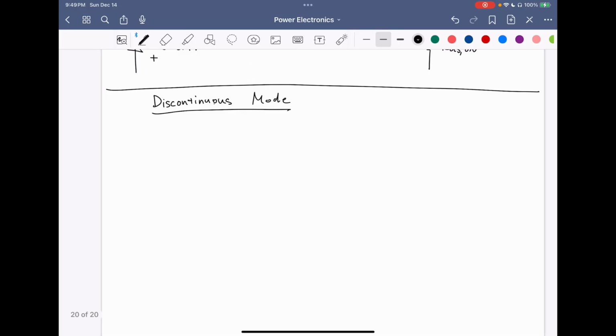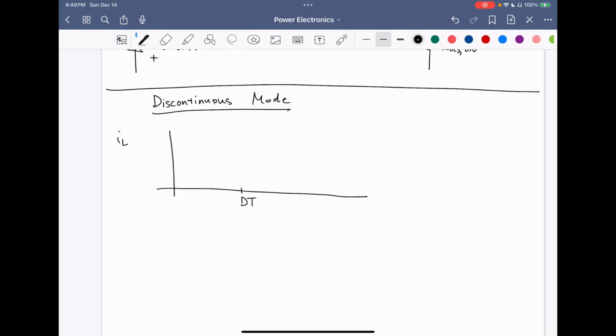So in this case, we have that the inductor current, by definition in discontinuous mode, reaches zero before the end of the period. So that means the inductor current will look something like this.